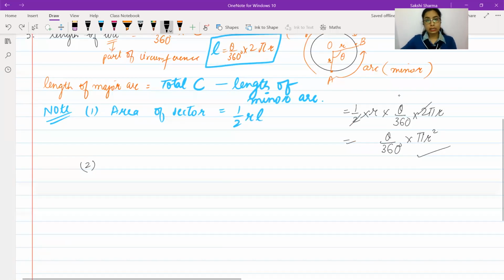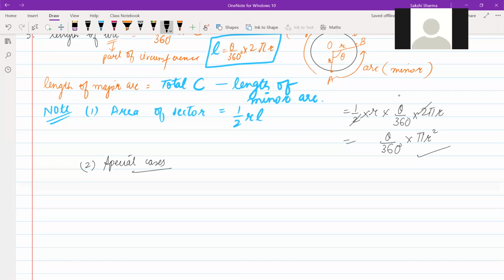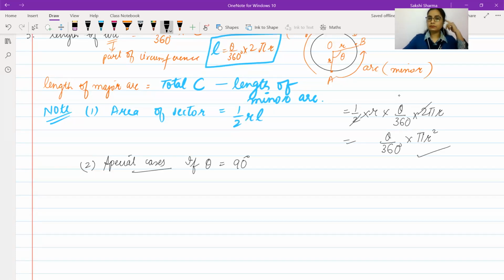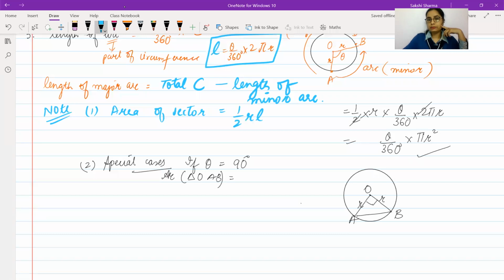I'm going to write down the special cases. So special cases: if theta is equal to 90 degrees, what can you say about the area of triangle OAB?